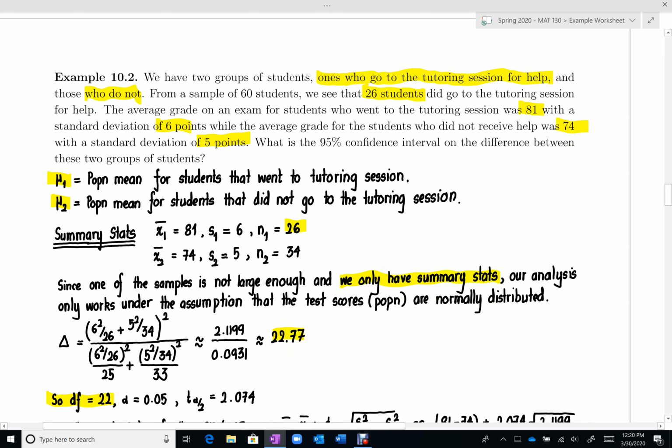Now, remember, we're working with a 95% confidence interval, which means our alpha is 0.05, alpha over 2 is 0.025, so we go to our table and figure out what t of 0.025 is for 22 degrees of freedom, and the t value is 2.074 in this case.